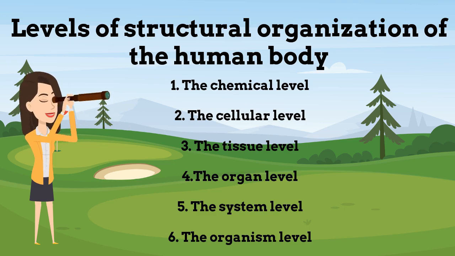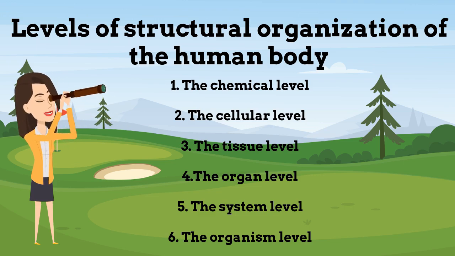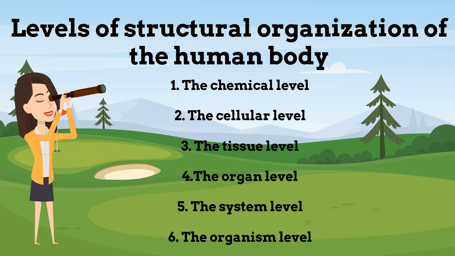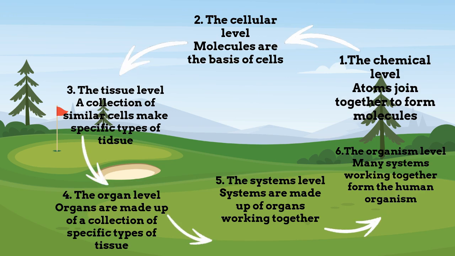At the organism level, when all the systems of the human body combine, we have the organism. Owing to the 11 systems which are working together, we are able to perform an incredibly wide range of functions, from breathing to moving to digesting and even assimilating nutrients from food.